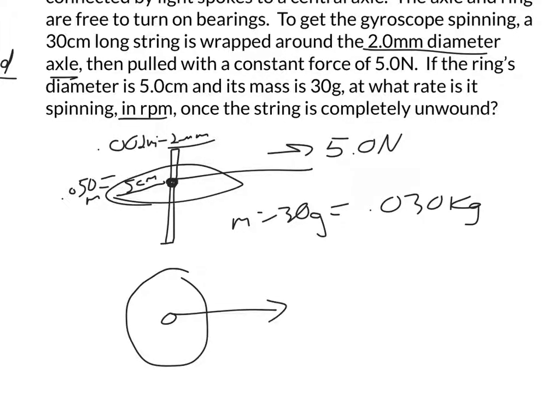So really the force is being applied and causing a torque based on the 2 millimeter diameter, if you can picture that. And because it attaches right there at the edge, there will always be 90 degrees. So the torque here is equal to R cross F, but we're not going to need a sine or cosine anything because they are orthogonal to each other. And that torque should cause an angular acceleration.